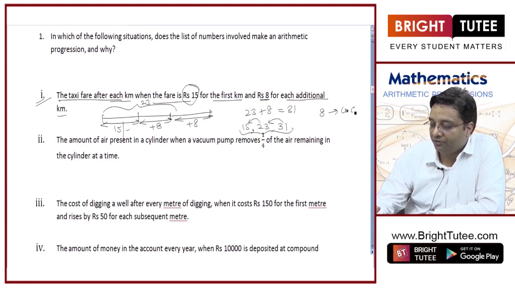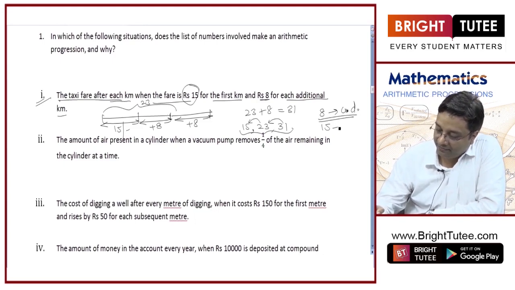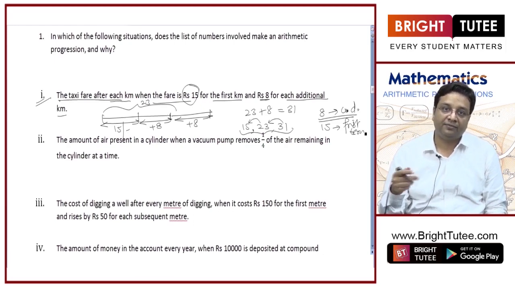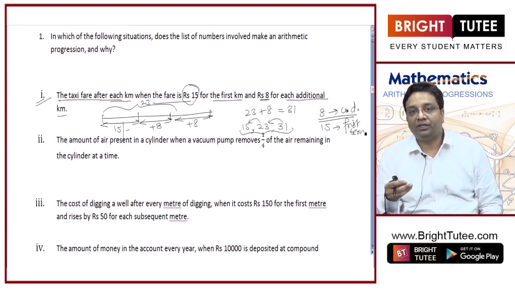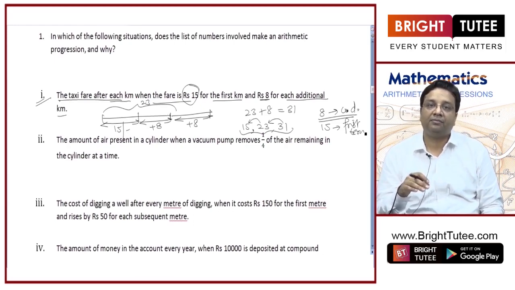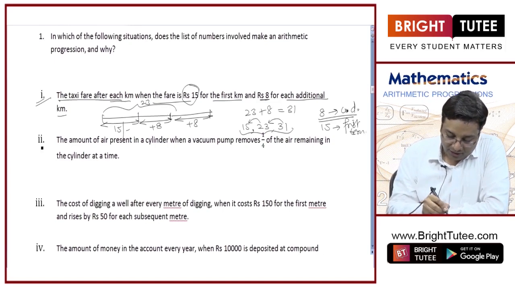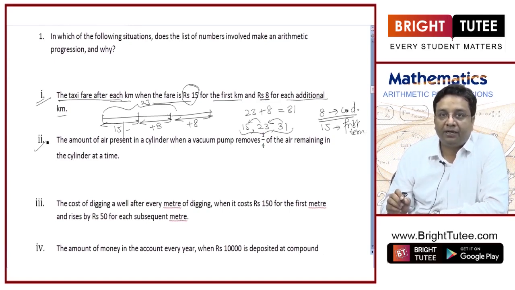I'll denote common difference by CD. 8 is the common difference, 15 is the first term, so yes, this is an arithmetic progression. Why? Because it is following a pattern where you get the next term by adding a common difference to the previous term.